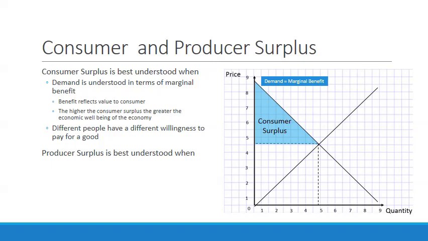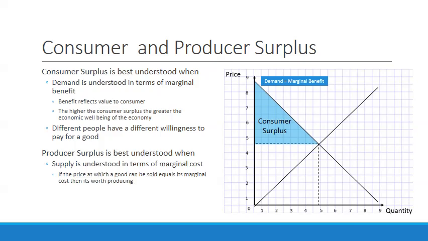Now, producer surplus is best understood when supply is understood in terms of marginal cost. So if the price at which a good can be sold equals its marginal cost, then it's worth producing. So for every individual increase in production, as long as that continues to equal marginal cost, then they'll produce it.